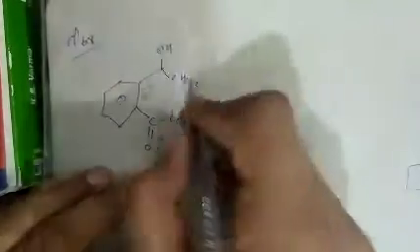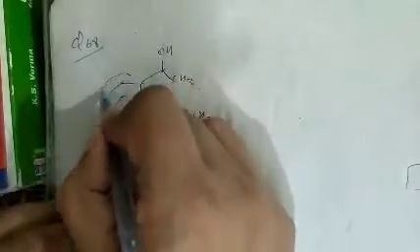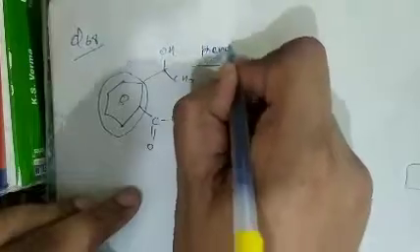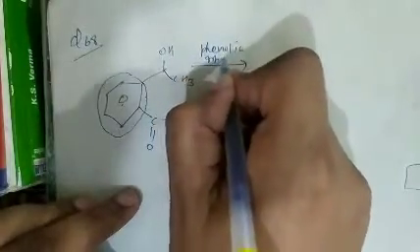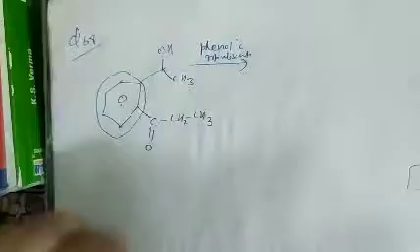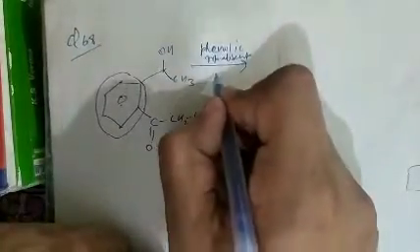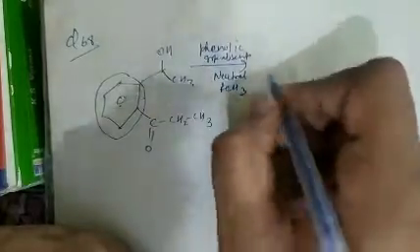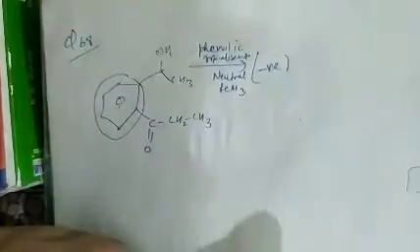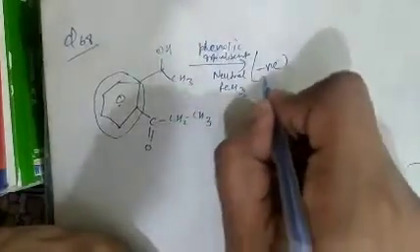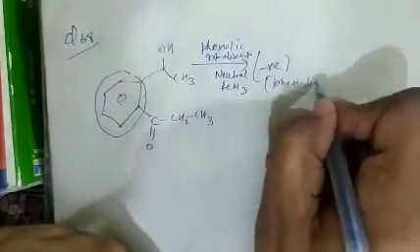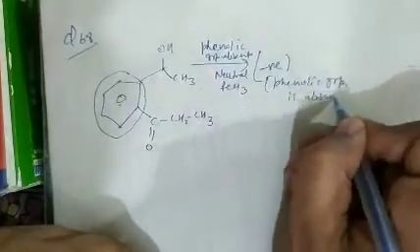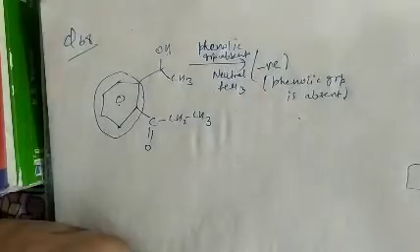As we can see, there is no phenolic group. So the phenolic group is absent. When the phenolic group is absent, when we add neutral FeCl3, it gives a negative test. Why does it give a negative test? Because the phenolic group is absent in this compound.